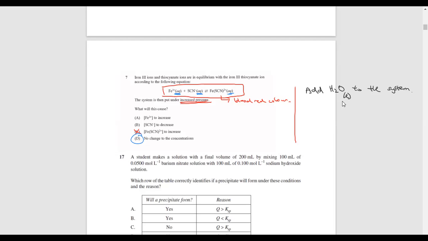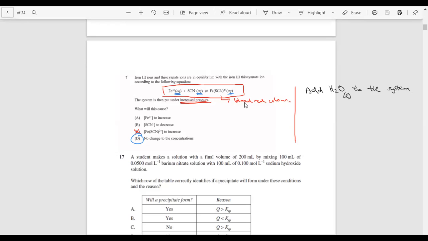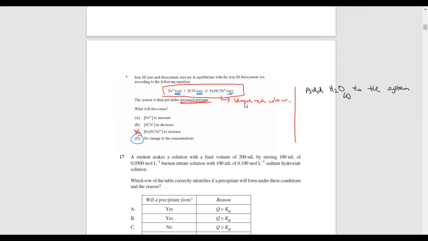Kenny, what's your thinking for why it would shift right? Yeah, because I thought that if you add water, the solution should be diluted. But why does it shift right then? Because there are fewer moles. So interesting. I'm not sure.